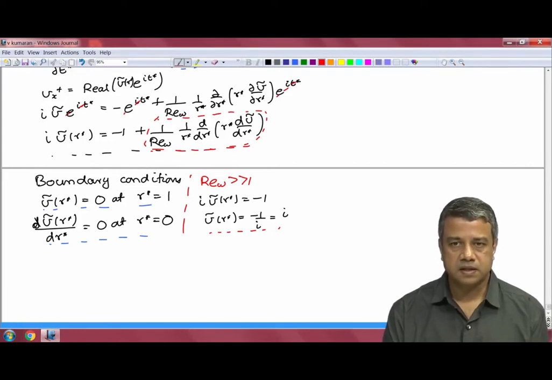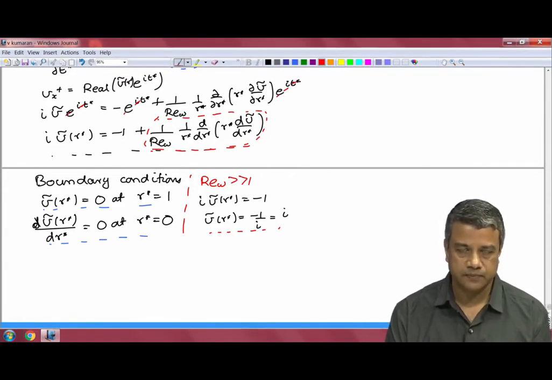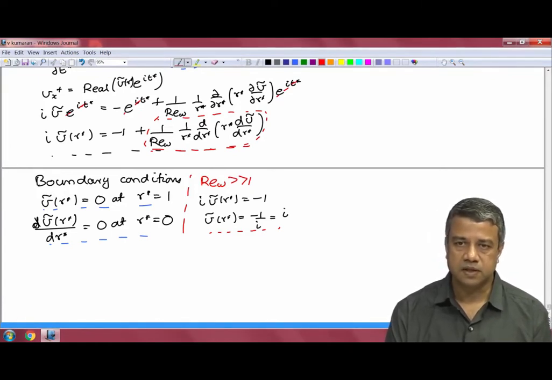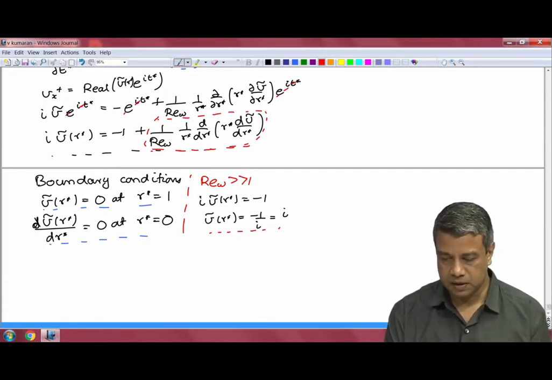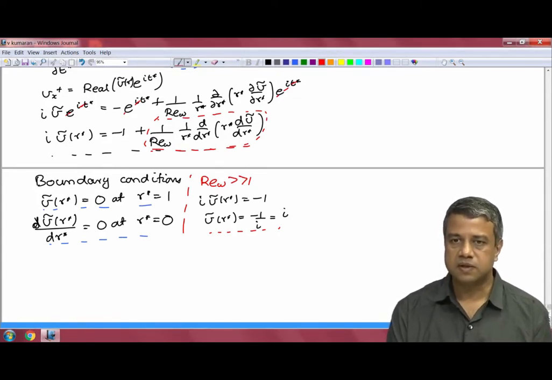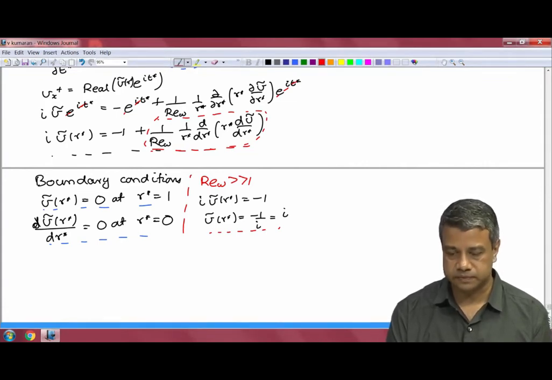The physical reason is as follows. Viscous stresses are the mechanism for momentum transfer to the wall. The flow is along the x direction. There is no velocity perpendicular to the wall, and therefore, there is no convective transport perpendicular to the wall. Therefore, the momentum transport to the wall, which will result in the velocity coming to 0 at the wall, that momentum transport has to necessarily take place due to diffusion.